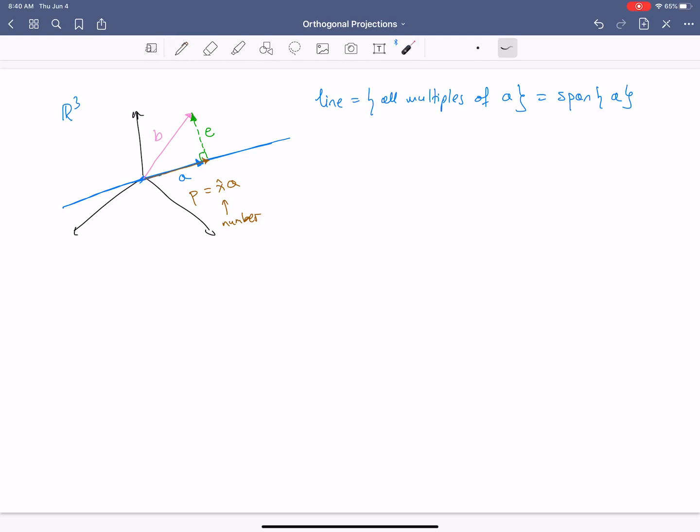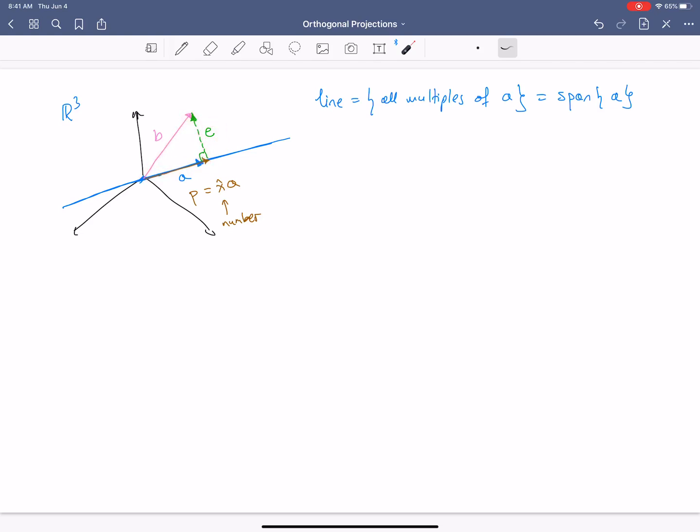Well, if you recall the way we add vectors, this vector plus this vector equals B. In other words, the original vector B splits into two parts. One part is the projection along A, and the other part is all that's left, which is the orthogonal component we also call the error component.